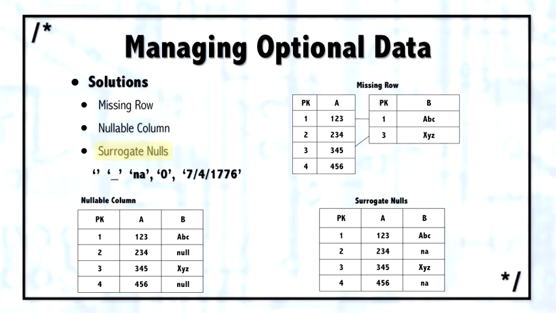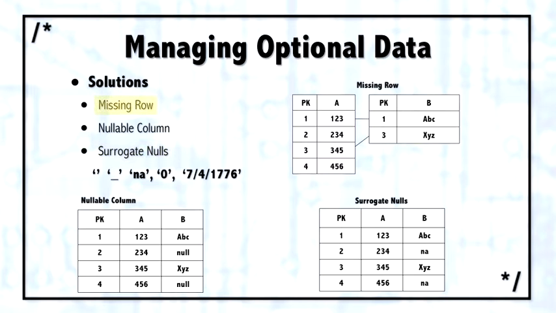And a problem with a surrogate null is that it becomes very messy over time as different developers use different types of surrogate nulls. And I've gone into database projects having to clean up data where you had dozens of different types of surrogate nulls, and all had to be converted back to a single column representation before the data could be fixed.